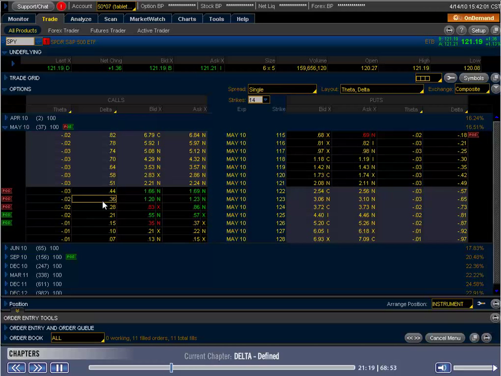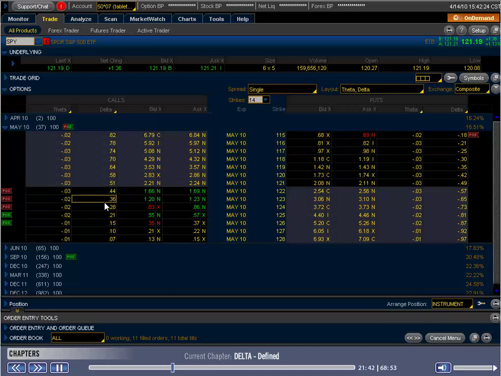When you buy one contract, it makes you long or short delta. When you buy this 123 call, it's going to make you long the equivalent of how many deltas? Well, when you buy one contract, it moves the decimal point over two places, and you're going to be net long what we call 36 Spider deltas. So what does that mean? I'm long 36 Spider deltas.